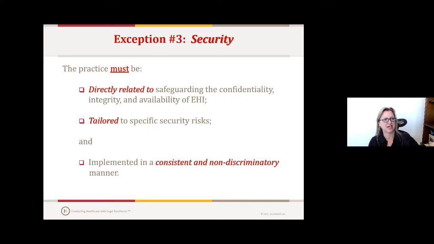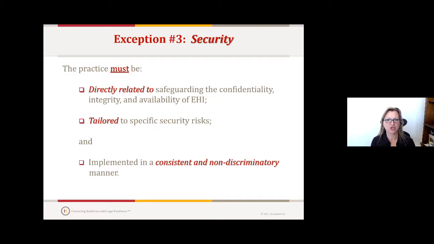So we tell one provider group, we can give you access, just sign this one form, but that provider group we don't like, we make them go through the security ringer, fill out all these exceptions, and put all these restrictions on them, even though the 2 groups are essentially the same and there are no different security risks inherent to one group or the other.